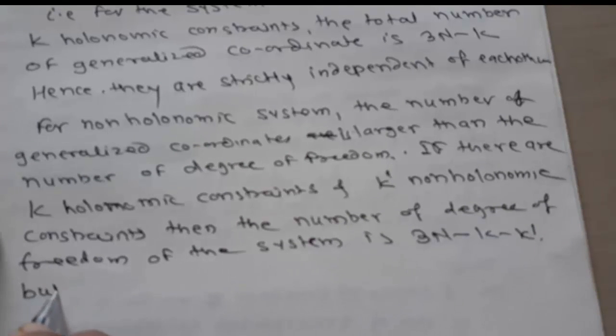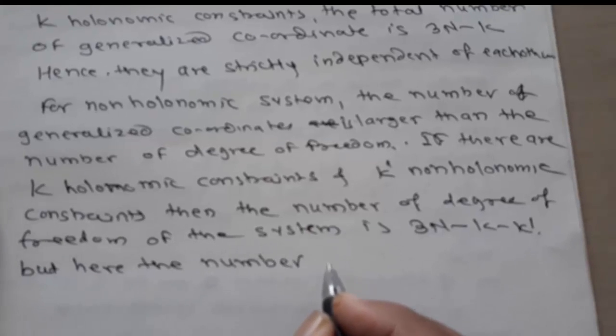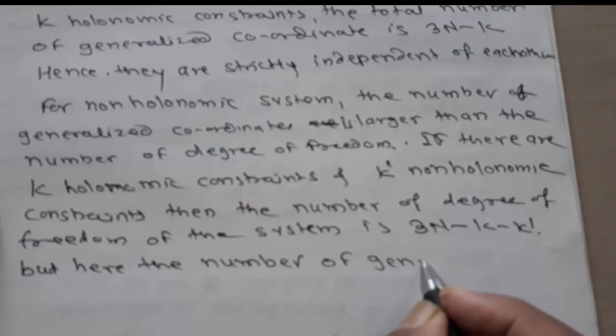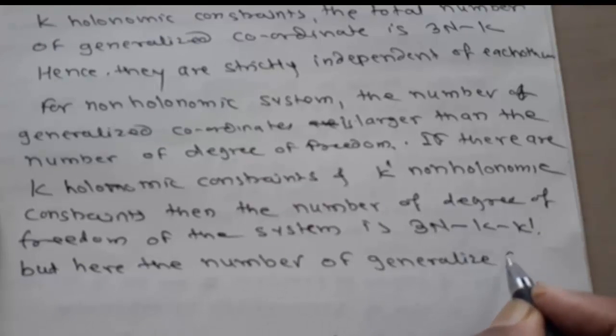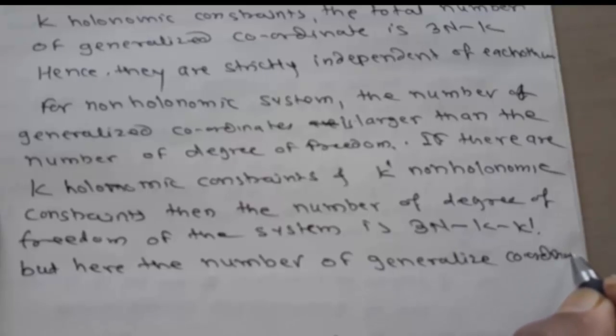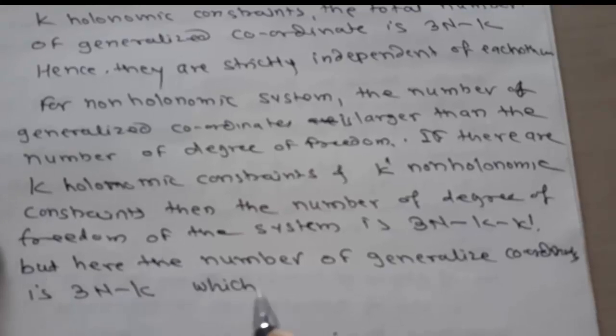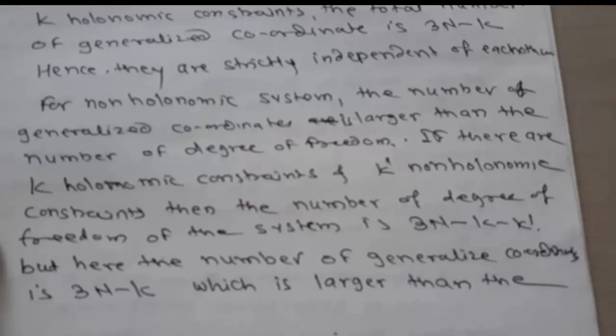But here the number of generalized coordinates is 3n minus k, which is larger than the degree of freedom.